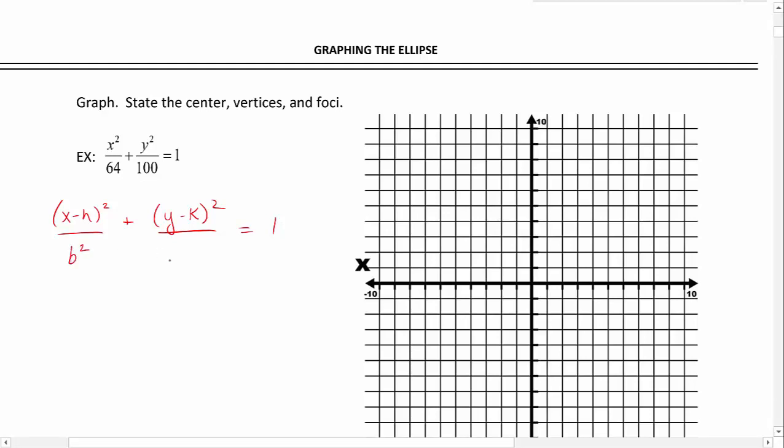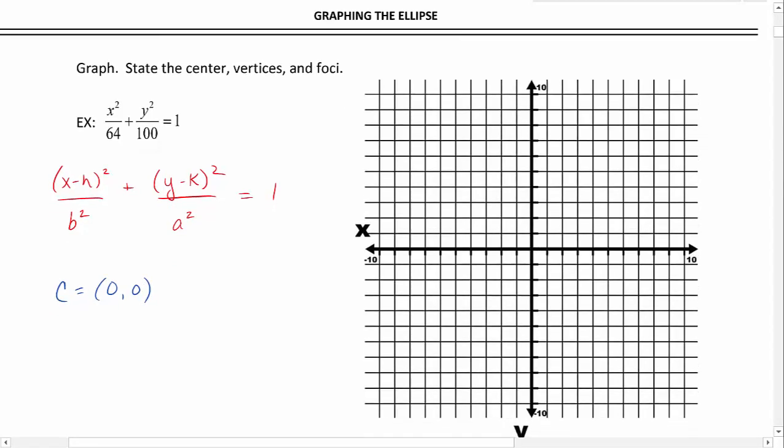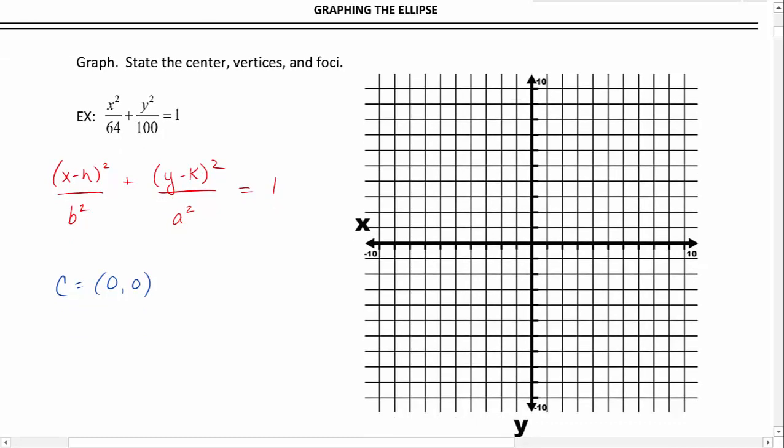A squared is always bigger, so in this example, our 100 is our a squared. But this equation does not have the parentheses around it, so that tells us that our coordinates for h and k, our center, is the origin. So here we have a center of (0, 0). It's always easiest when our center is on the origin.